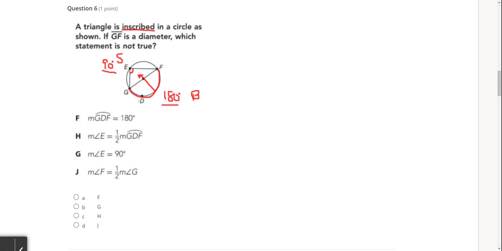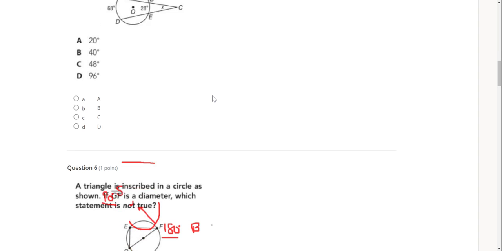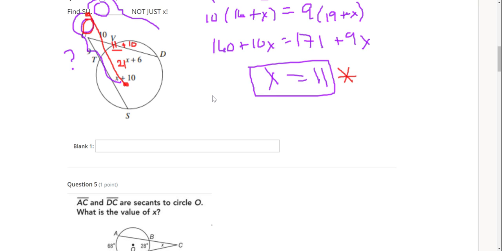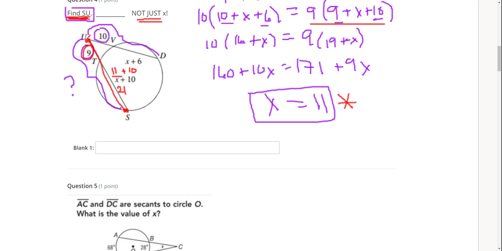When I saw the whole circle SU on 4, do I multiply? You add. So U to T is 9, and then T to S is 21. And the part plus the part equals the total. So the part plus the part equals the total in number 4. X does equal 11, but you want SU.